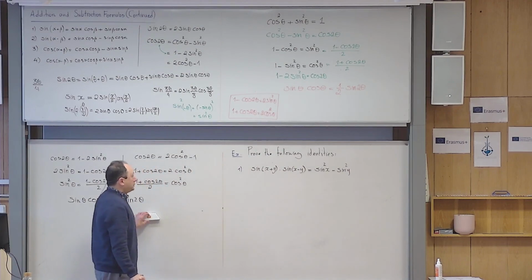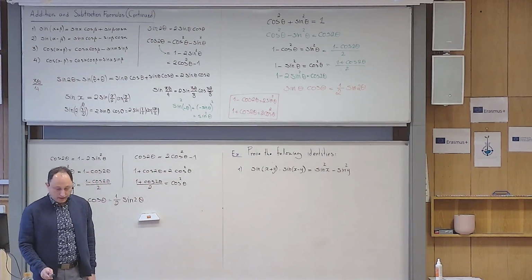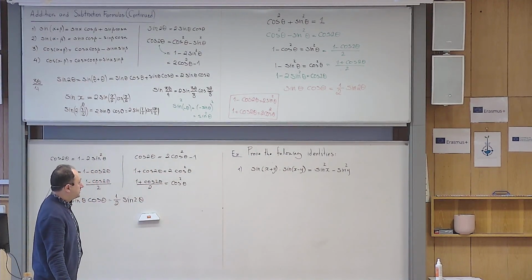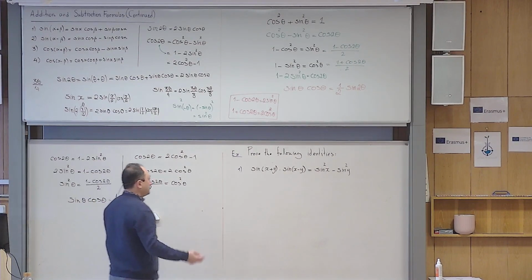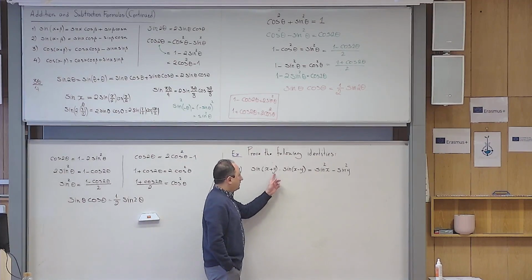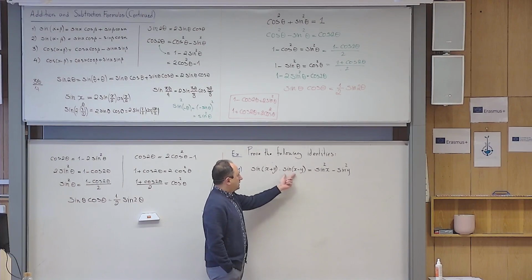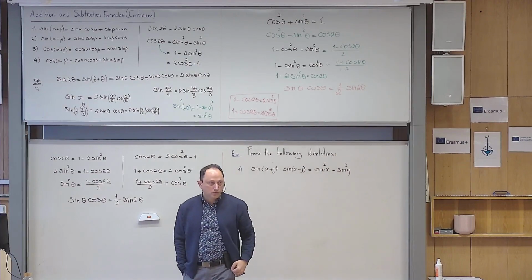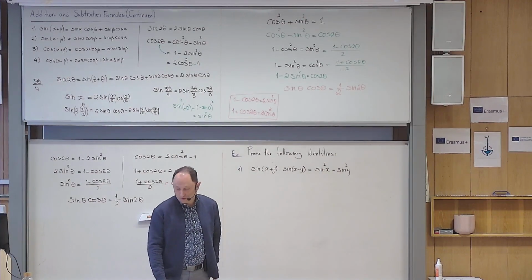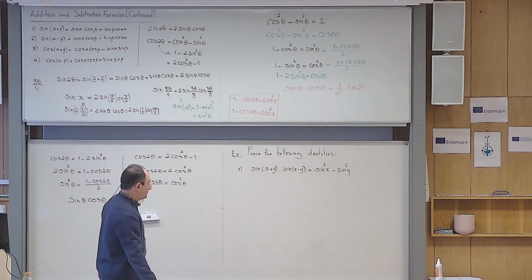We will not be able to prove this identity without new formulas. If I have two angles, x and y, add them and take sine, subtract them and take sine, and multiply the numbers, this becomes equal to sine x squared minus sine y squared. So why is that? We want to prove this. Do you have any idea what to do?